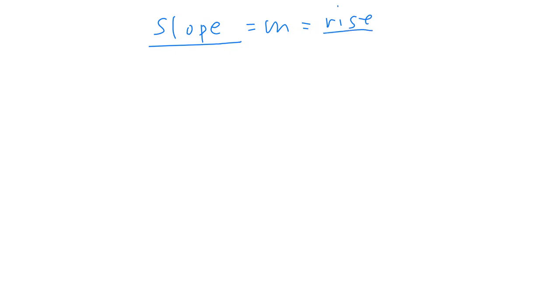So this is how the line is inclined, or the inclination of the line. So that's rise over run. Or in application problems, this is the average rate of change.